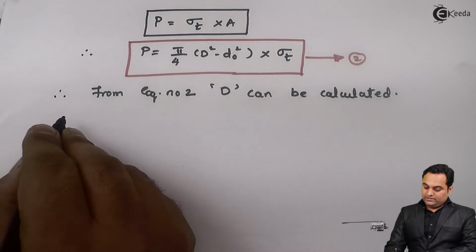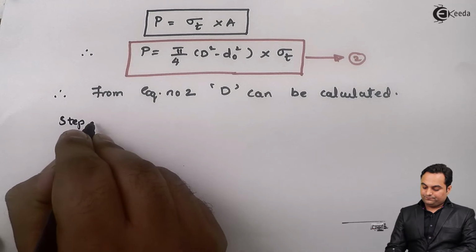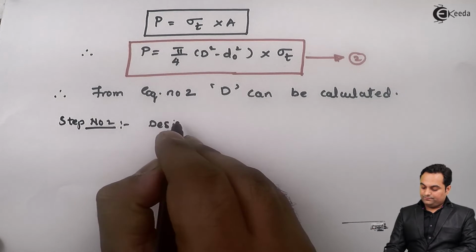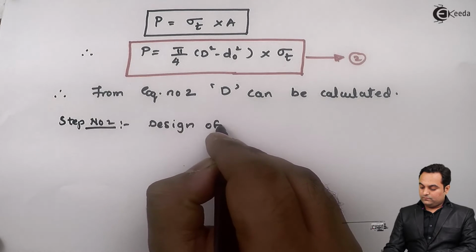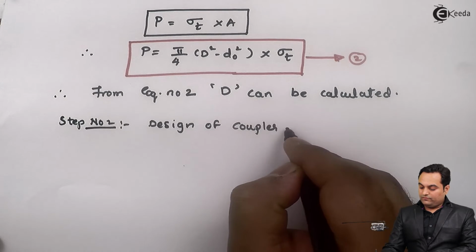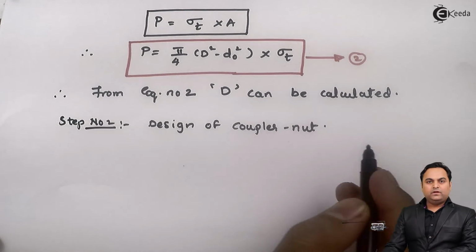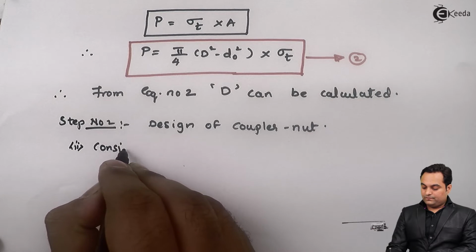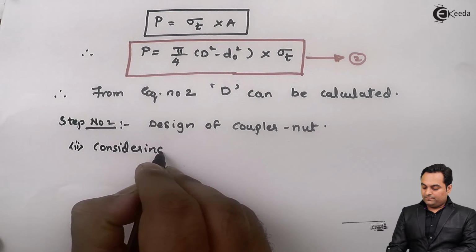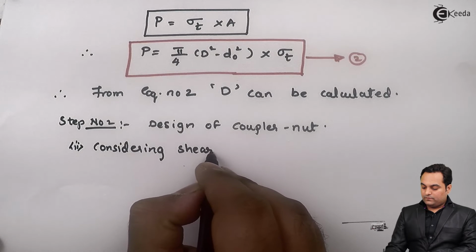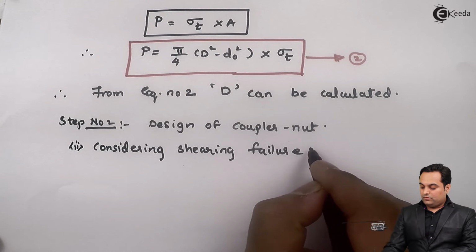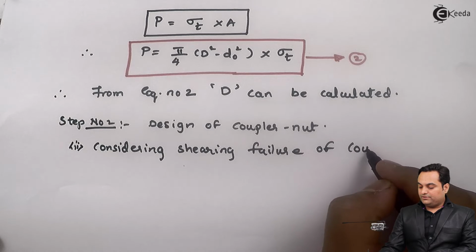So in step number 2 itself, that is the design of the coupler nut, in this we are considering shearing failure of the coupler nut.